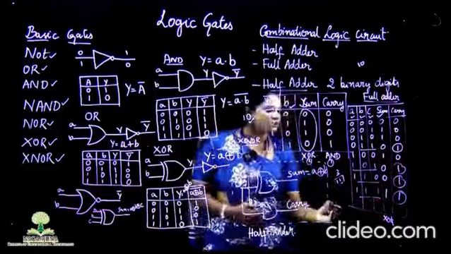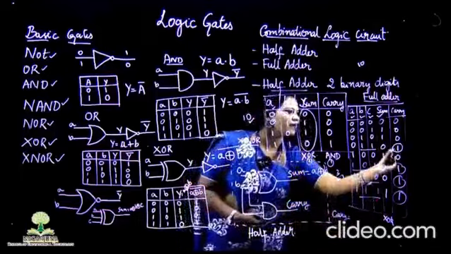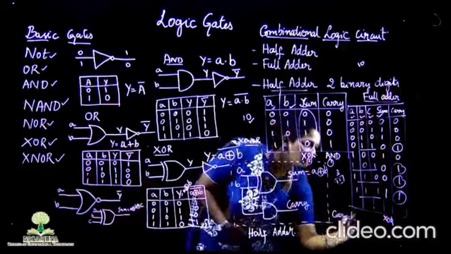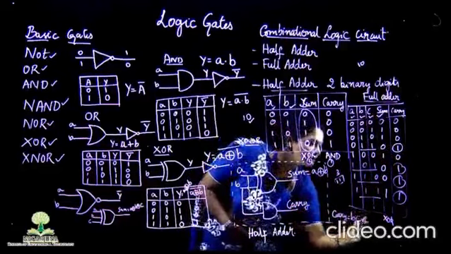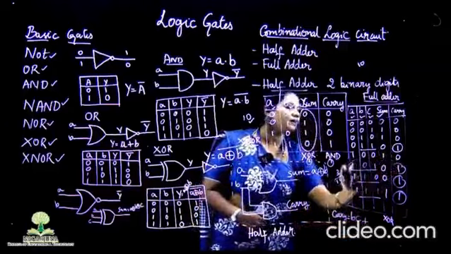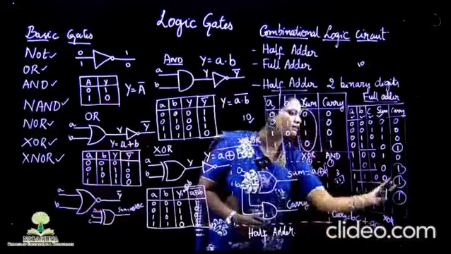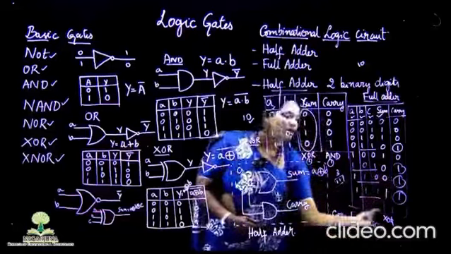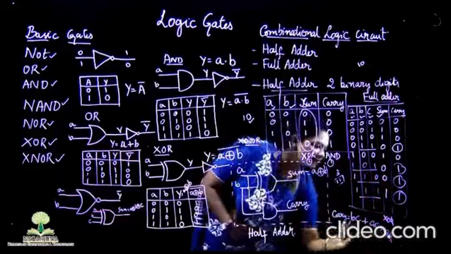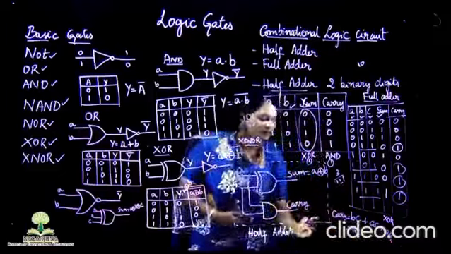Carry is equal to BC, since the carry is going high when B and C are high, plus AC, again the carry goes high when A and C are high, plus AB plus ABC. So let us simplify this.